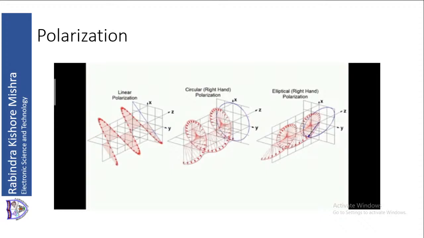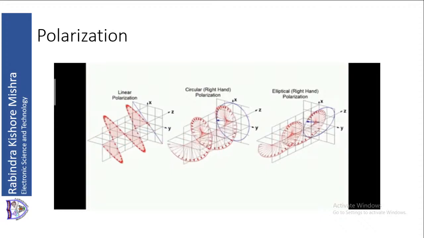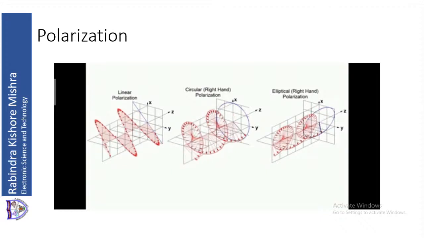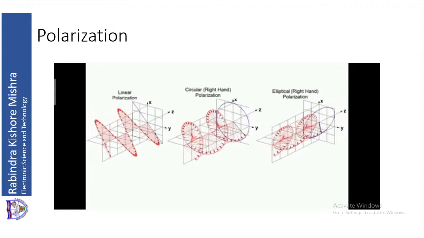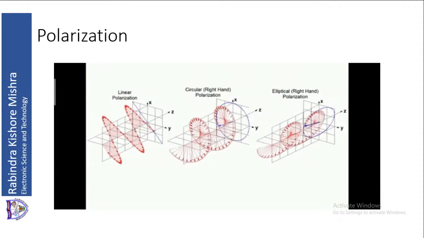Then we'll come to polarization in antennas. The power radiated by the antenna will contain the electric field and the magnetic field. The orientation of the electric field with respect to the direction of propagation gives you the polarization of the field.